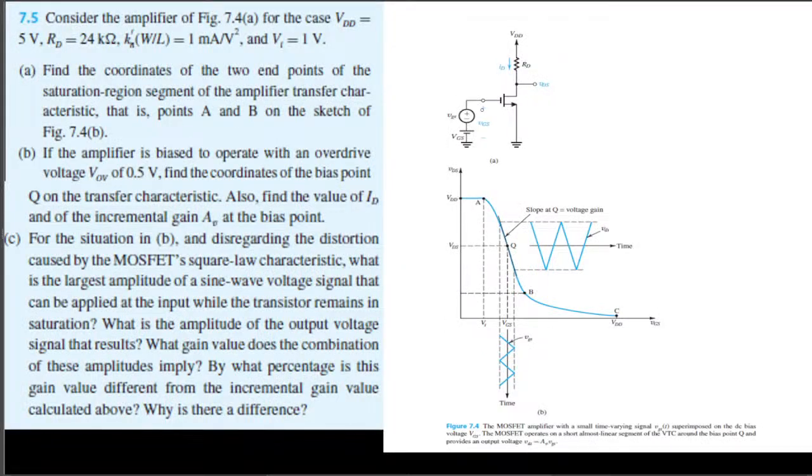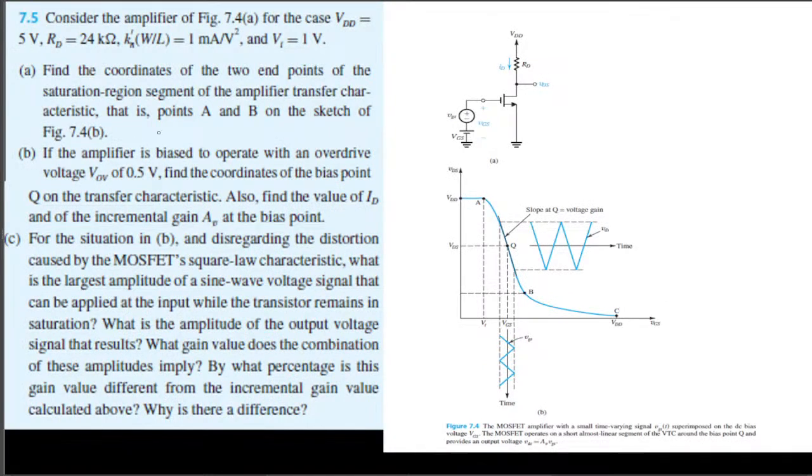If you watched my previous video, I calculated the VGS for the Q point and the VGS for the B point. All of them are from previous questions. In part B I did it for the Q, and in part A I did it for B and A, but here B and Q are the important things, so I'm just going to focus on that.